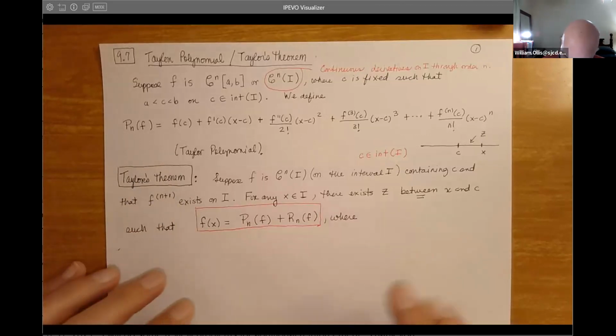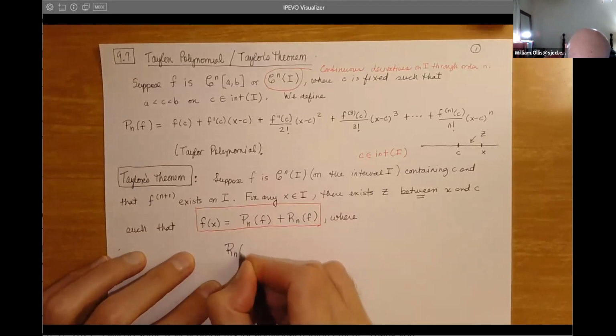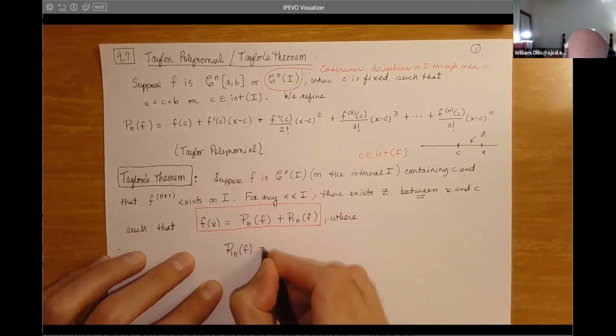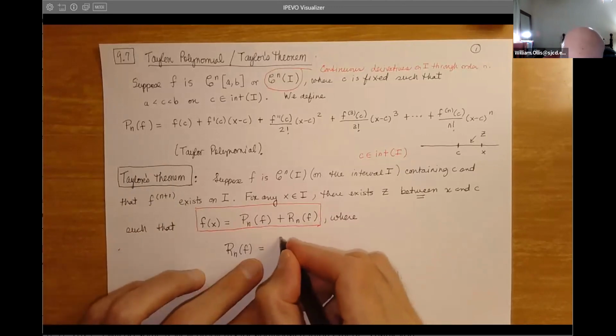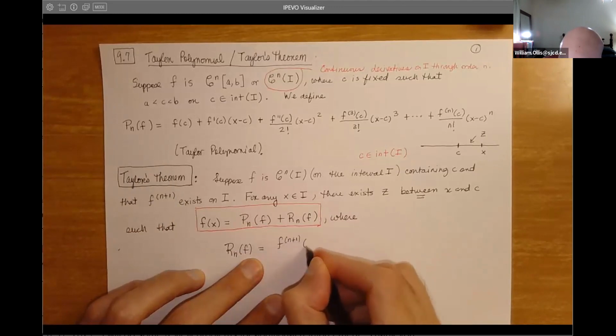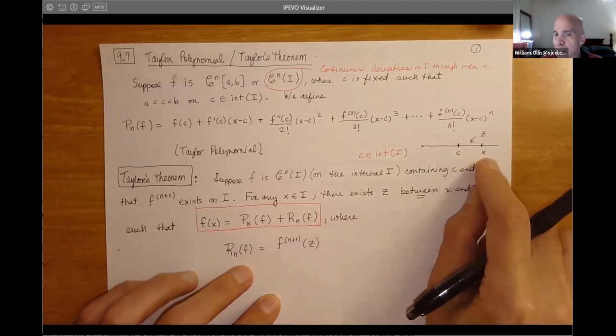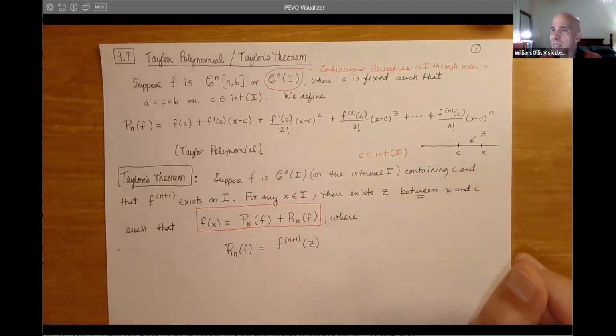With this many terms, is it good enough to solve the engineering problem? So where, in this particular case, R_n of f is called the remainder term. It looks like this. This is where we take the n plus first derivative, evaluate it at the z between c and x. So sometimes we know z exists, but we can't really get our hands on it. So what we have to do is make an estimate on the upper bound of the n plus first derivative.